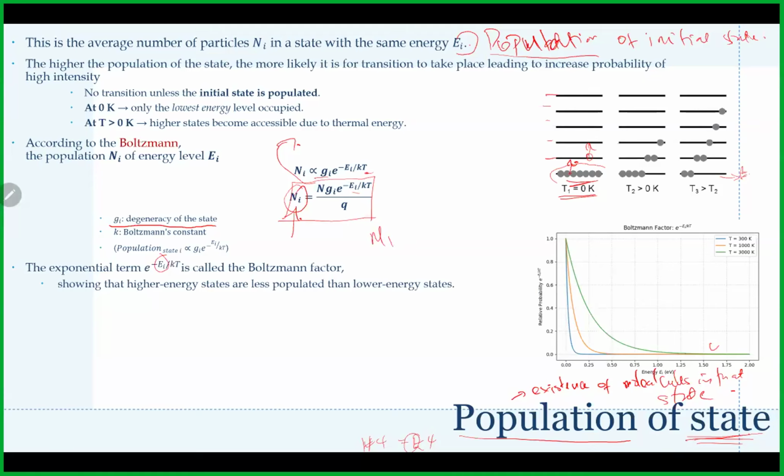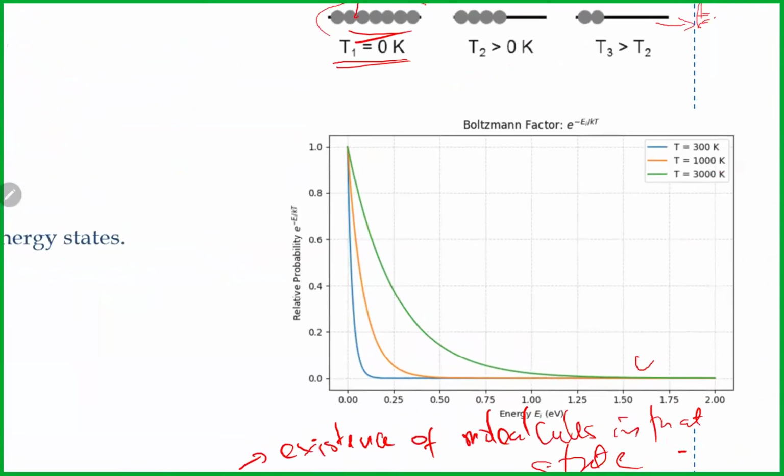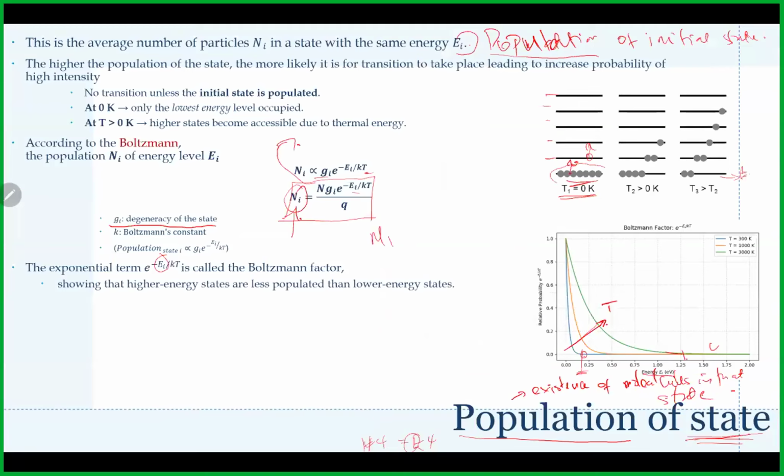So the graph here in this corner, this is as temperature increases. At low temperatures, you only have up to 0.25 populated states, but as you increase the temperature, you have higher states with higher energy being populated.